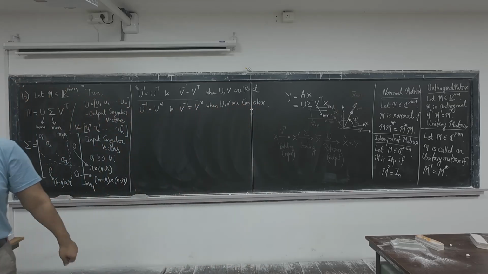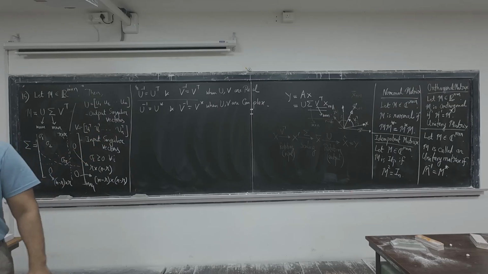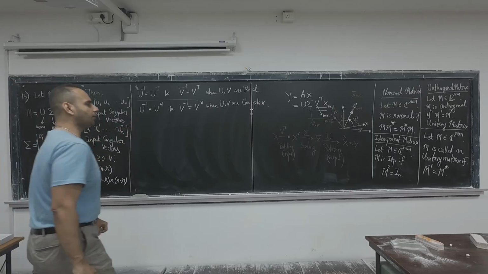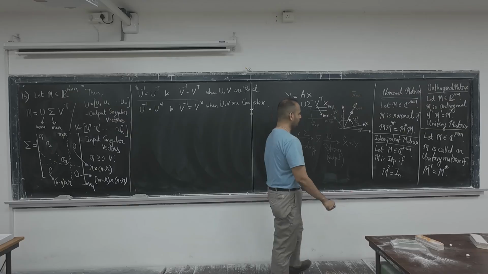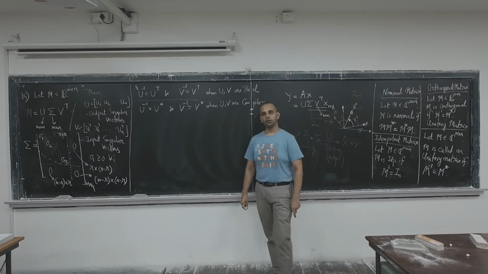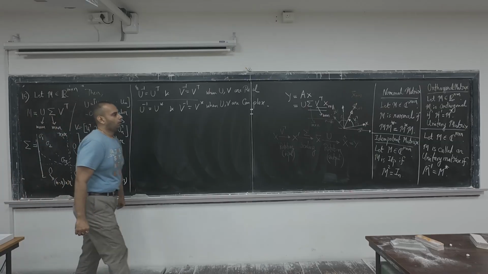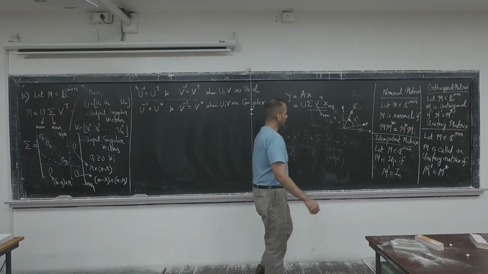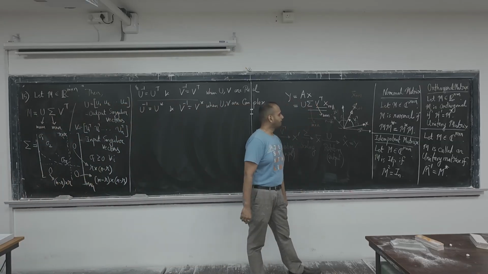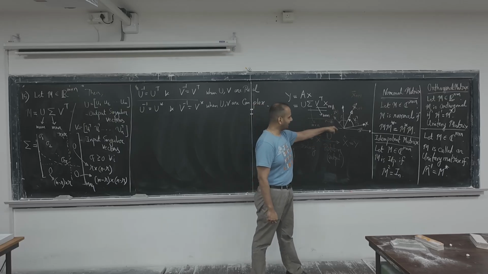This is, in short, the geometric interpretation of SVD. But why this is one of the very important tools in control theory, especially in multivariable control theory, I will show you. Now this is about the rotation and then scaling.